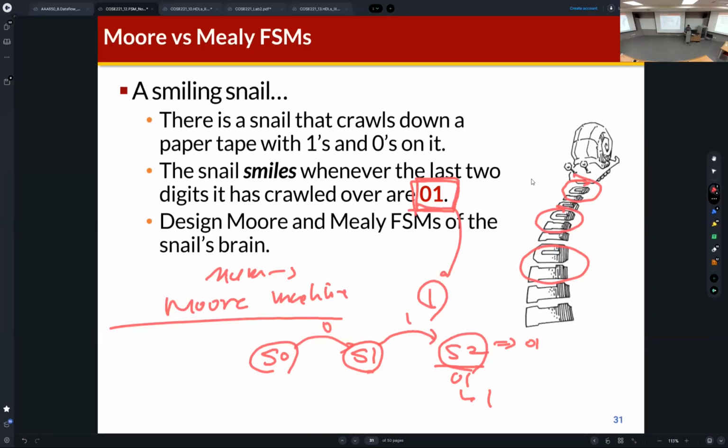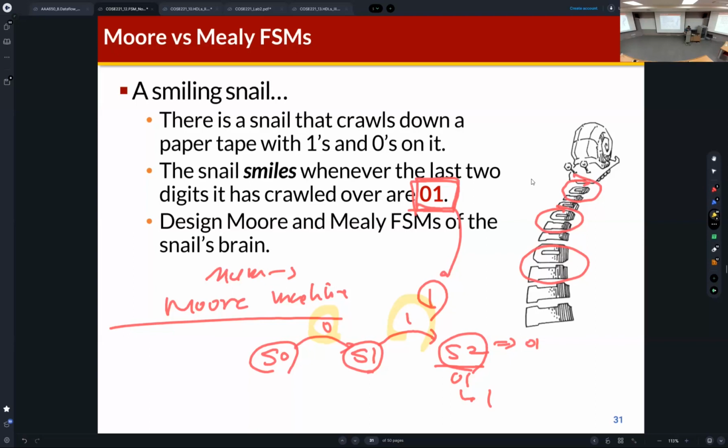We need to define the state based on these different sequences, like 0 and 1. So the state is changed to S1, which means that if the previous 0 is detected, it changes to S1, and then in this state, if the input is 1, the state is changed to S2, then the output becomes 1. So this is the Moore machine.